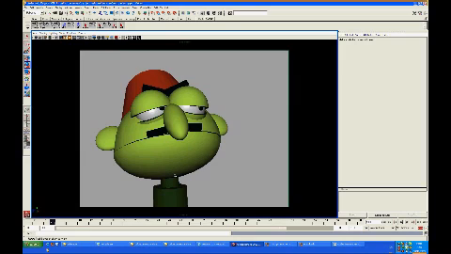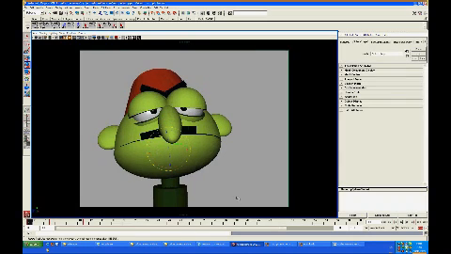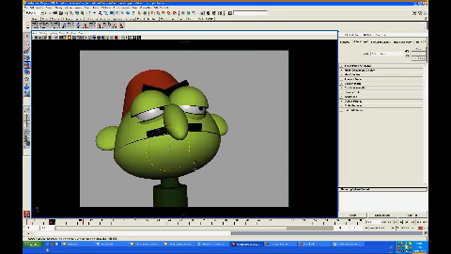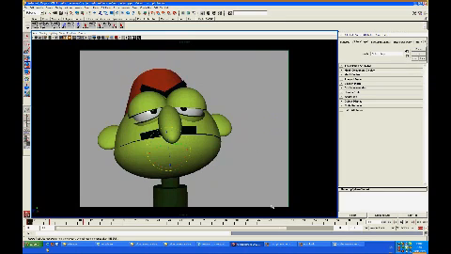What I'm doing now is I'm defining the story points of this shot. So I have this story point, which is guy is idle. I have this story point, which is he's looking to the side, and then the third story point, which I designed earlier on, is where he's very surprised about something.